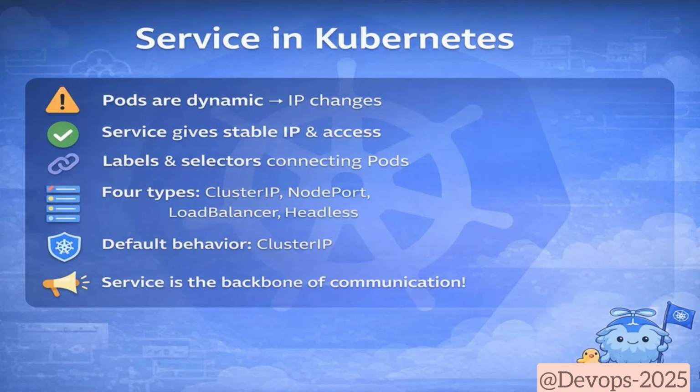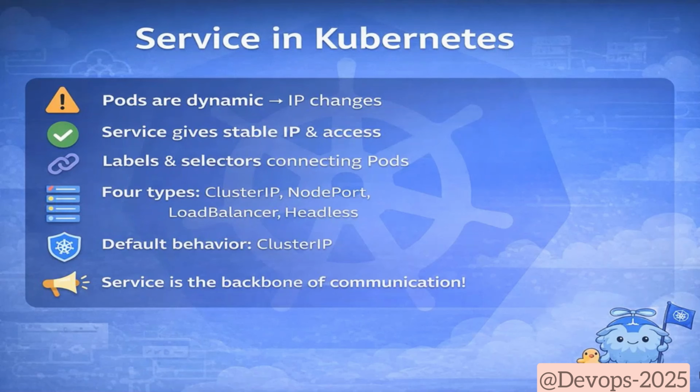The easy way to remember this is: pods are dynamic, services are stable. Pods change, which means if they are restarted or recreated, the IP is recreated. The IPs will not be stable, they are dynamic, while the service stays stable. So instead of parking your communication on pods, you park it on services. That is where Kubernetes networking becomes reliable.